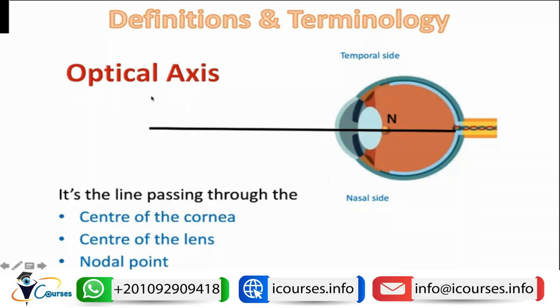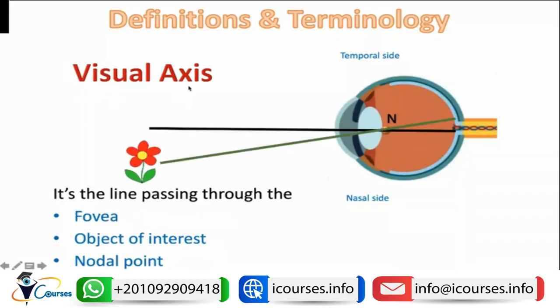However, this optical axis doesn't coincide with the visual axis because the center of vision, or the fovea, is not on the center of the posterior curvature of the eye, because the center of the vision, or the fovea, or the posterior pole, is slightly temporal. So hence we have what's called the visual axis.